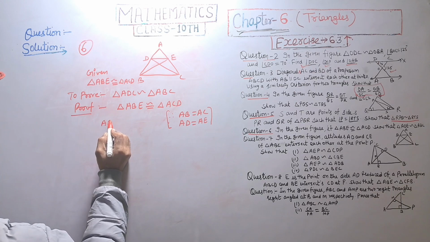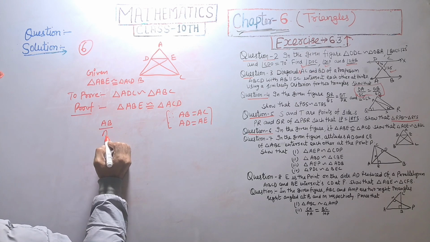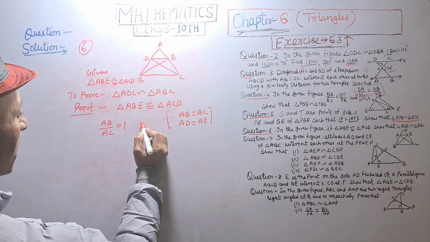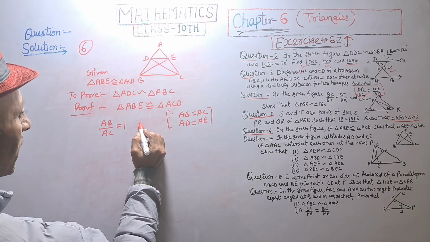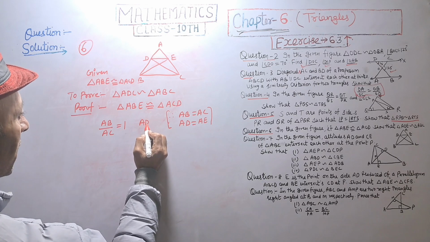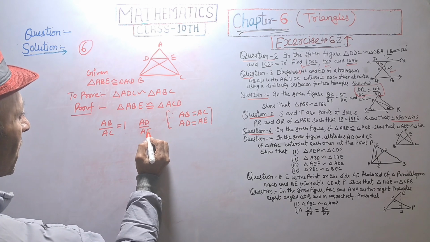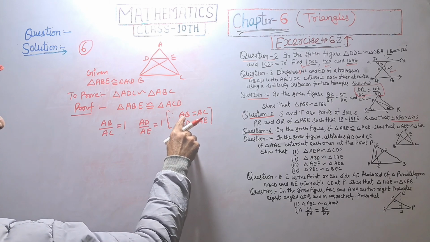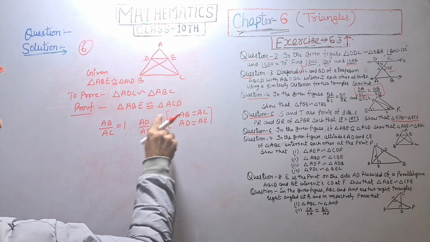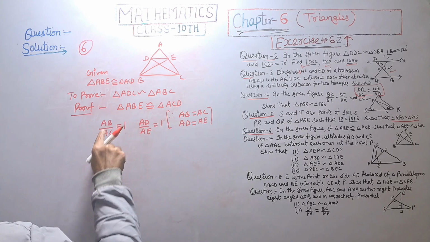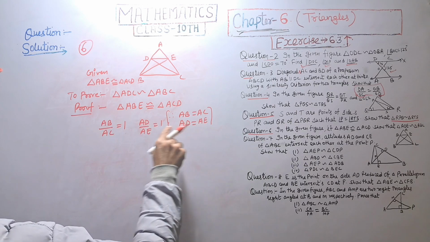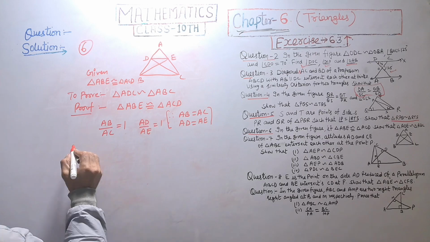And AB upon AC is equal to 1, and AD upon AE is equal to 1. Dividing by AC, AB upon AC is 1, and dividing by AE, AD upon AE is equal to 1.